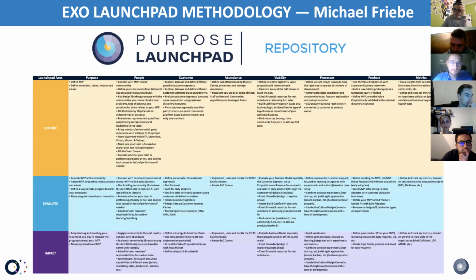So going to this one, if you want to define a purpose, you define an MTP first, and then there are different tools you can use. If you want to go for abundance, you have to look at the EXO canvas. That's what this shows you. This yellow part is the exploration phase. It gives you the tools you can use to find out certain things. And the same goes for evaluation and implementation, or impact.